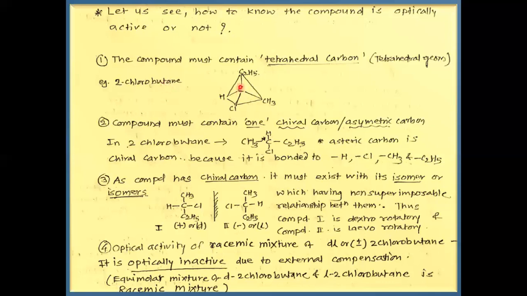See, this is tetrahedral geometry. This is a chiral carbon bonded to hydrogen, chlorine, CH3 and C2H5. This is a regular tetrahedron, with carbon at the center and all the bonded atoms or groups at the four corners of the regular tetrahedron.